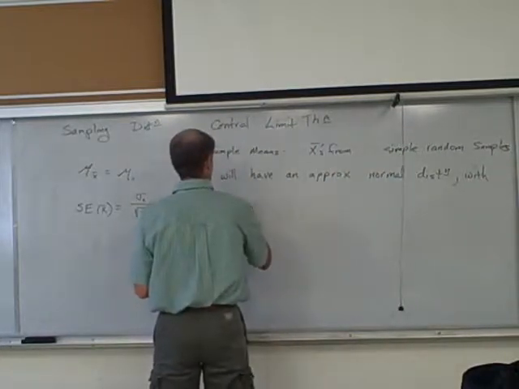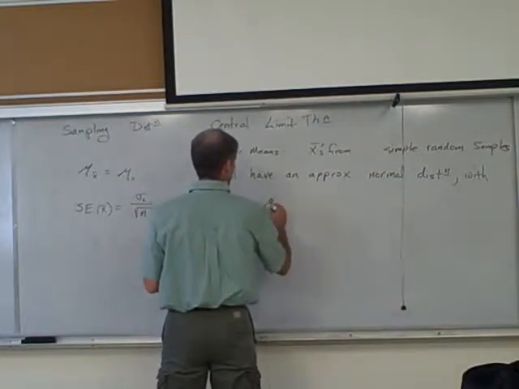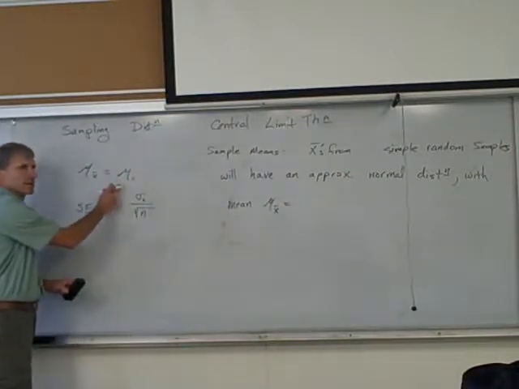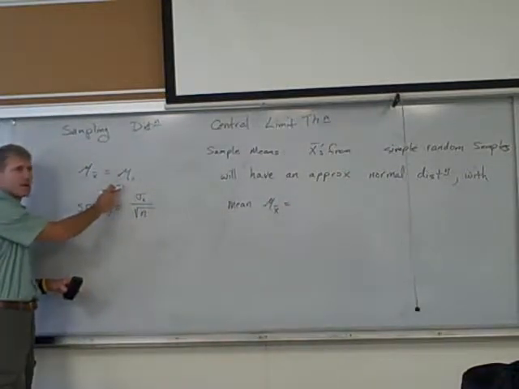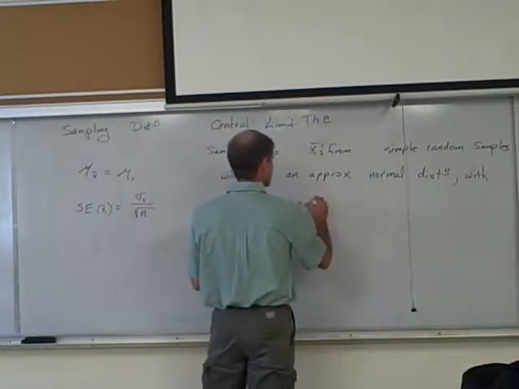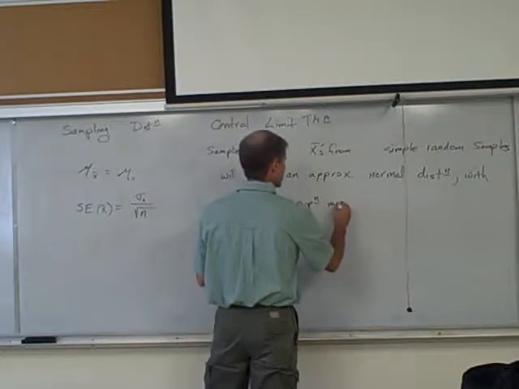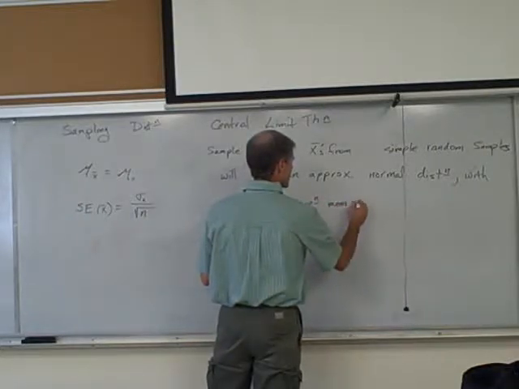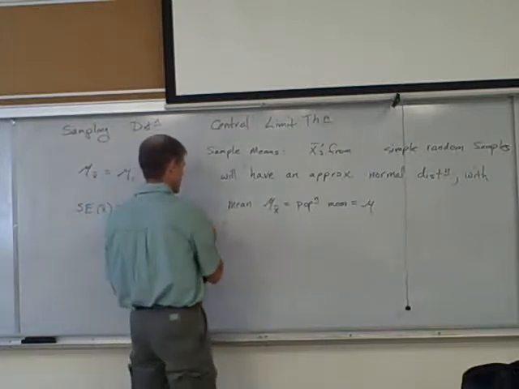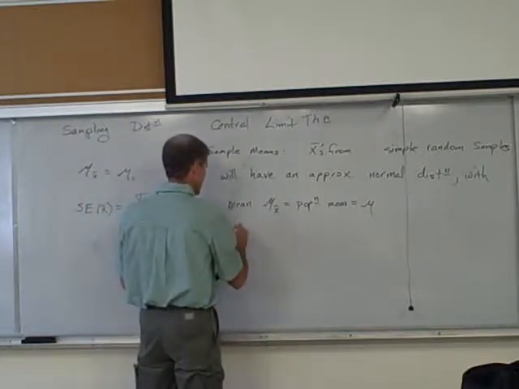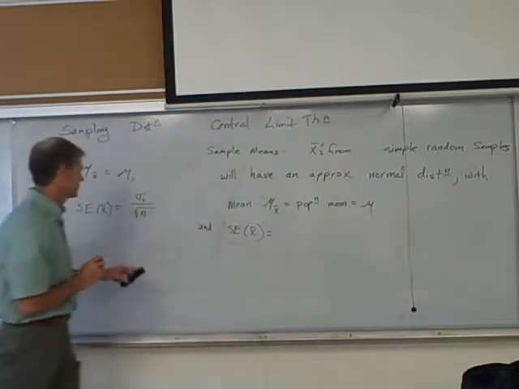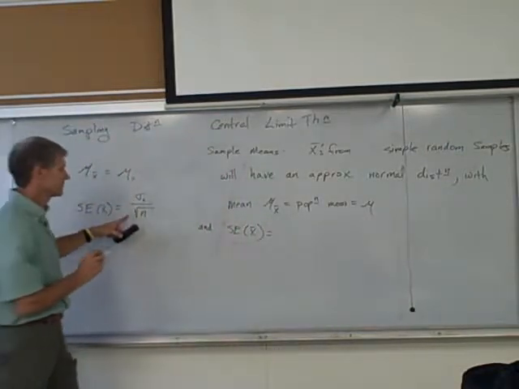With mean mu sub x bar equal to what we said over here, equal to the population mean, which we call mu, and standard error of x bar will be equal to this.